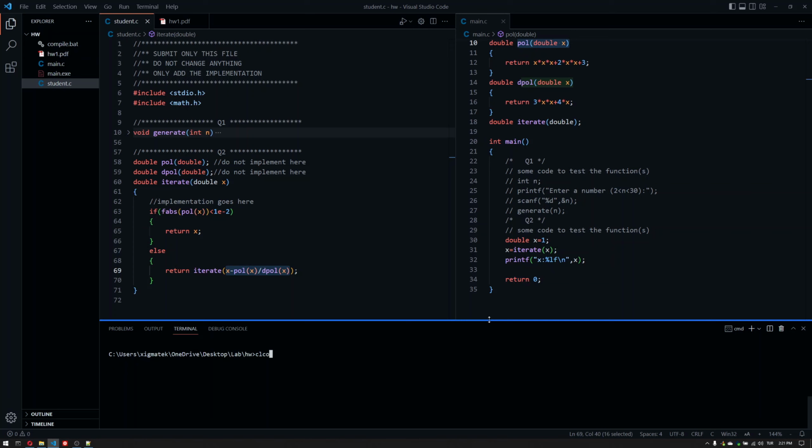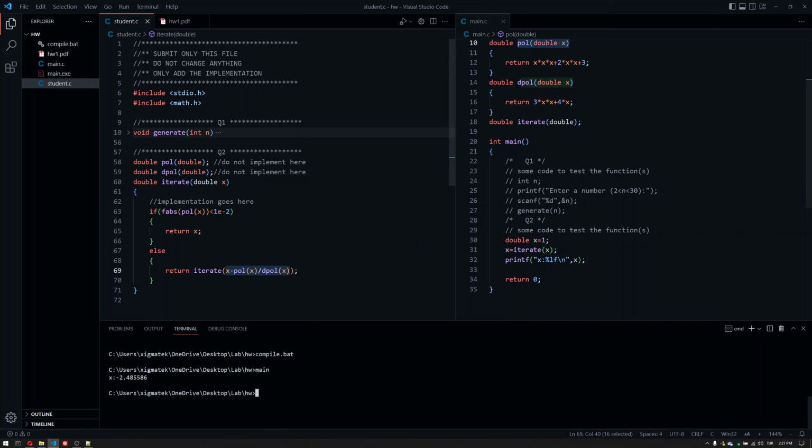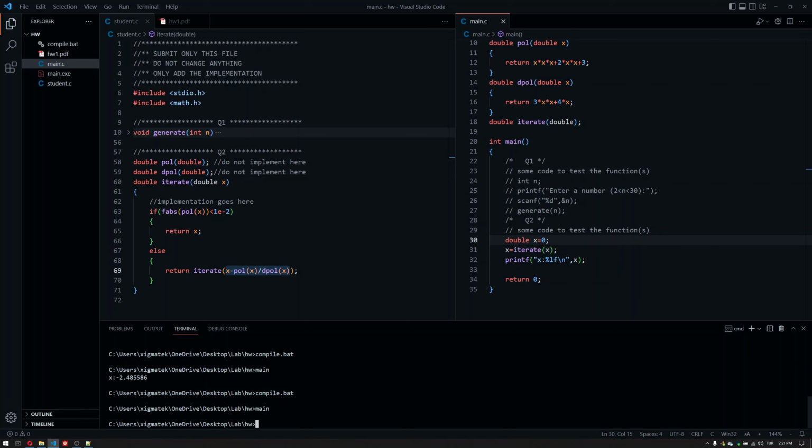So let's compile this now. Let's hit main, and we have a certain value here, so we can change this. You can see that sometimes if we plug in 0, we end up with an error.